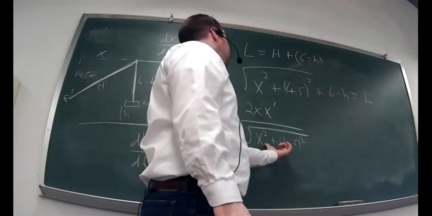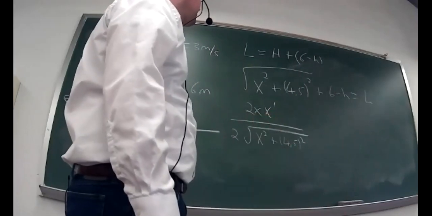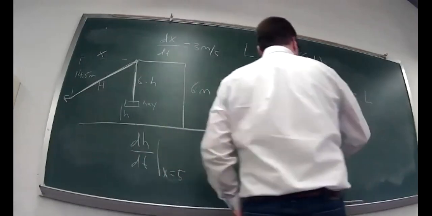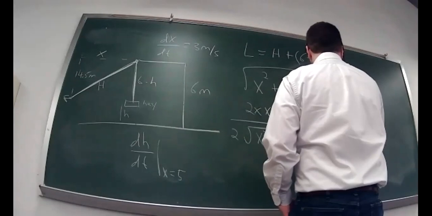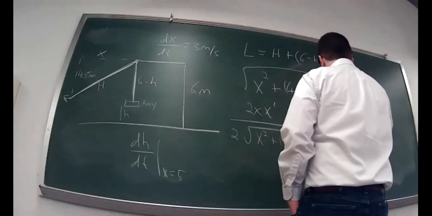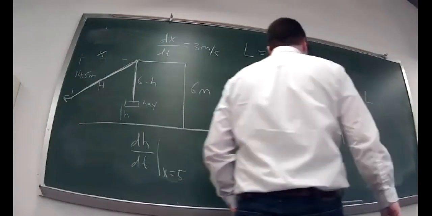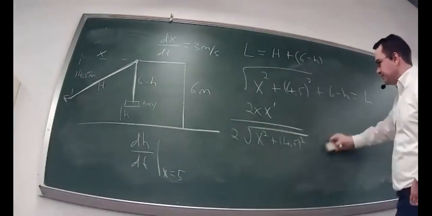Then I'm plugging in the inside function and taking its derivative. Then I'm adding to this. Derivative of 6 is 0. Derivative of negative h is minus h prime, which is still equal to 0.